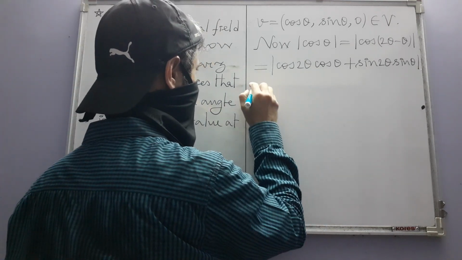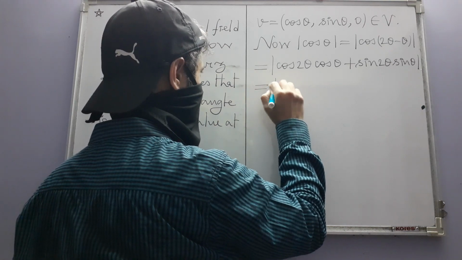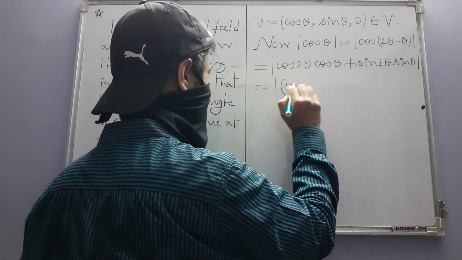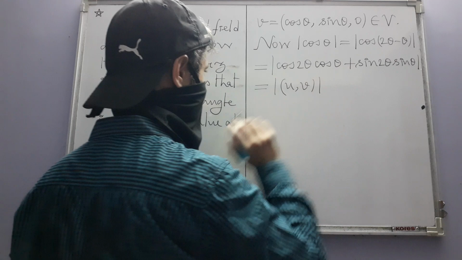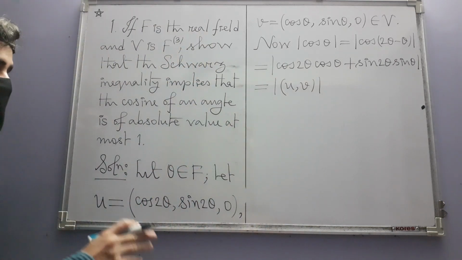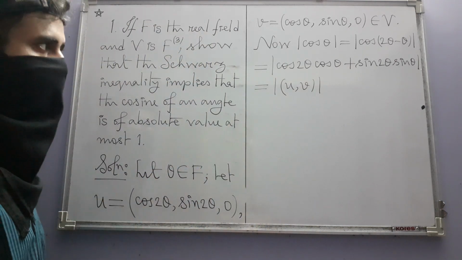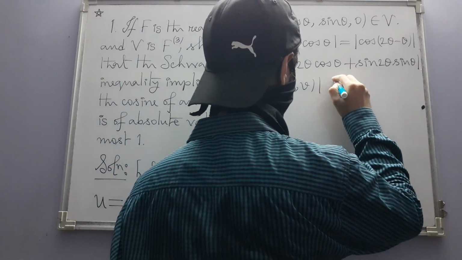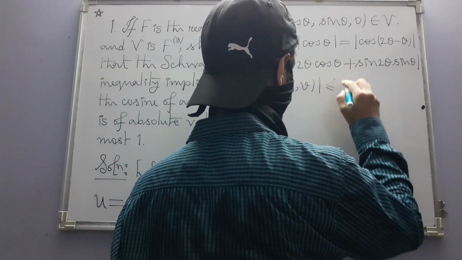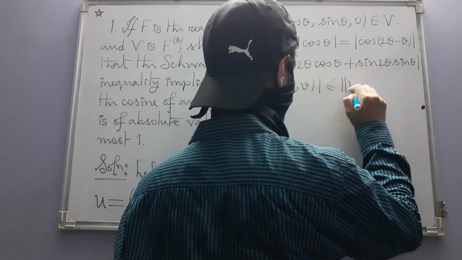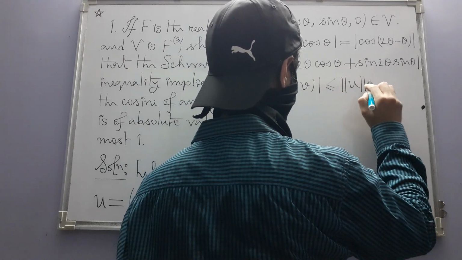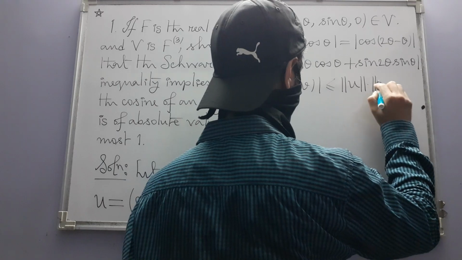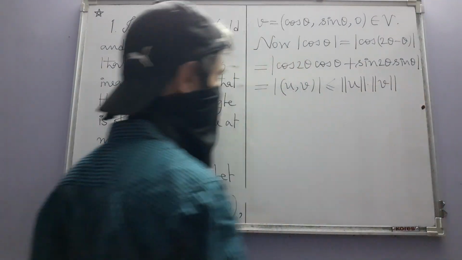So that's why this is the absolute value of the inner product of u and v, and this is where we can use the Schwarz inequality. So by the Schwarz inequality, this is less than or equal to the product of the length of u and the length of v.